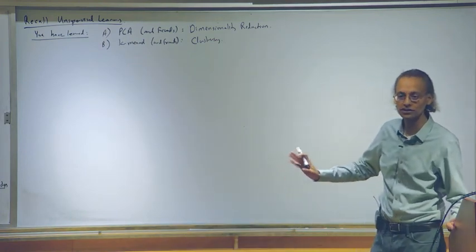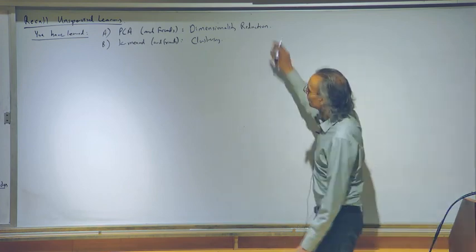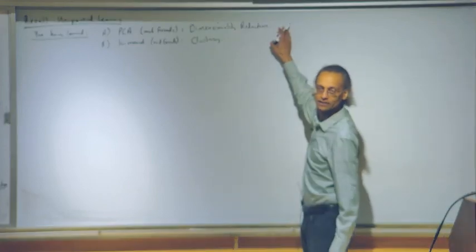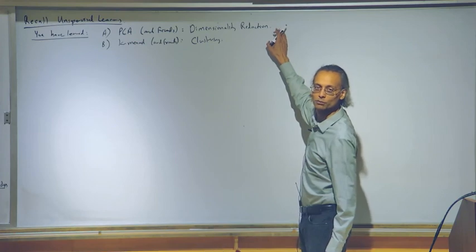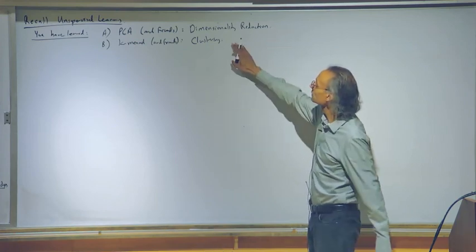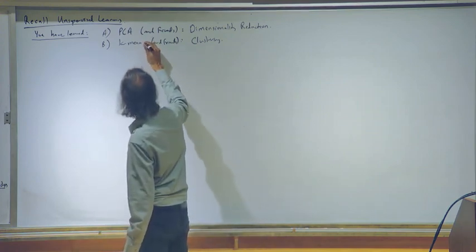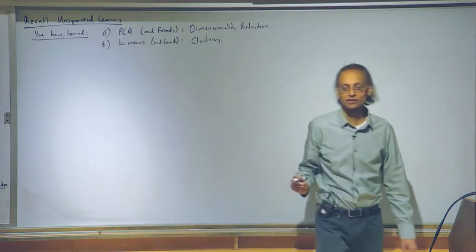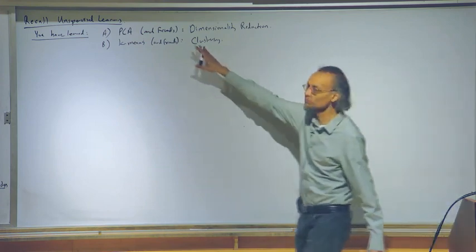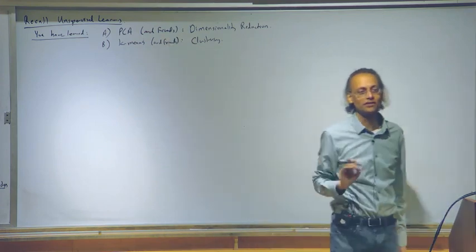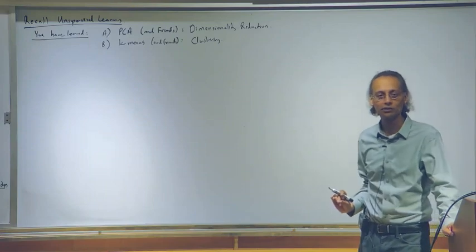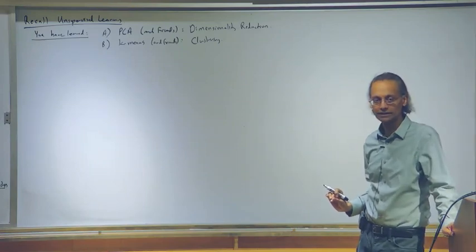Am I right? So first, how many of you have seen PCA and friends, dimensionality reduction, somewhere? Probably everyone. How many of you have seen k-means and its friends? Some of you might not have seen any friends, or you probably have not seen any friends of PCA either. But as long as you know their main version, you're good for what we need in this class.